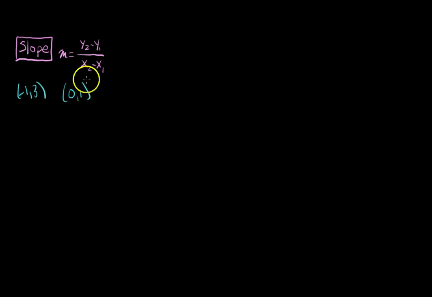If I'm going to use the slope formula, I'm going to take y2 minus y1, so I'll go 1 minus 3. That's my change in y, my rise. And then I'm going to take 0, going in the same order, minus, careful here, it's actually minus a negative 1. So I go 1 minus 3 on the top, that gives me negative 2, and then 0 minus a negative 1 goes to positive, which means I just have a 1.